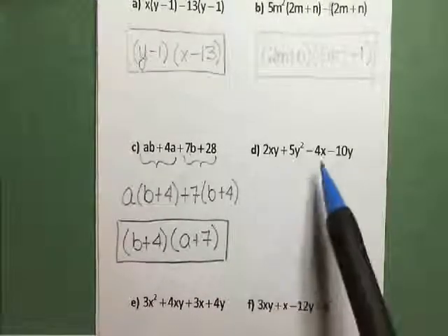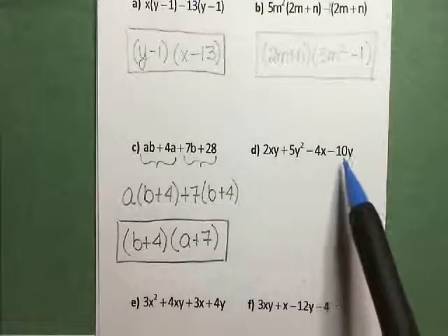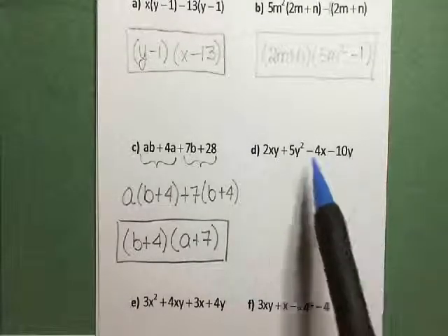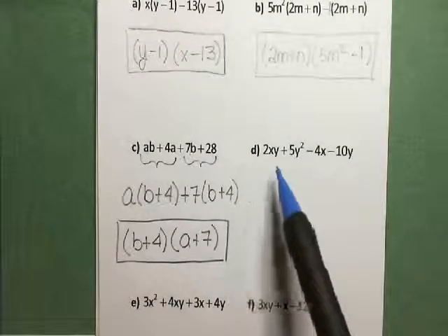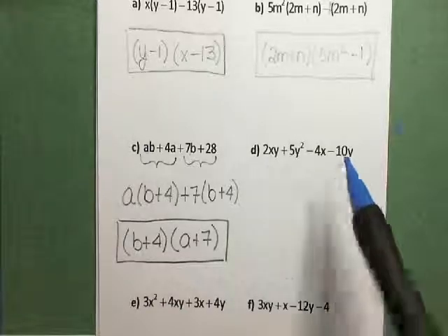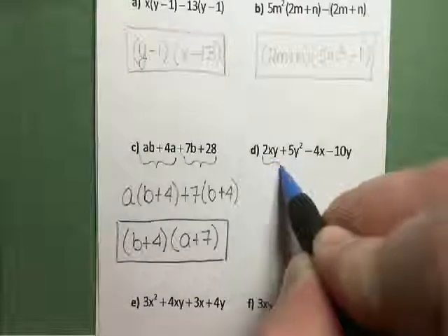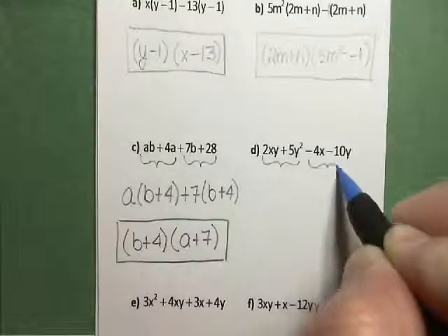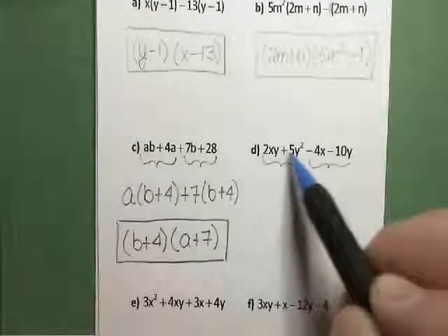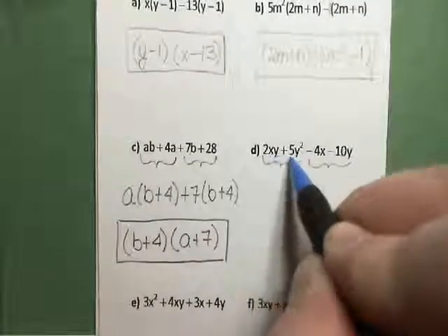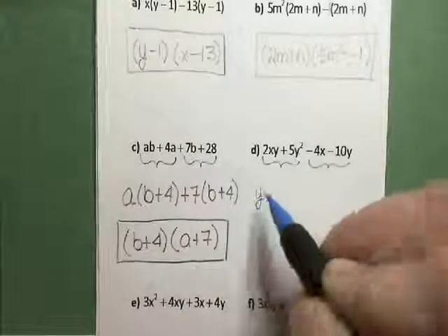Again, letter D. Can I factor anything from all 4 terms? And the answer is no. There's nothing that goes into all 4 of them. So let's try by grouping. Let's group the first 2 and the last 2. What can I factor from the first 2? They both have y, so let's factor out a y.